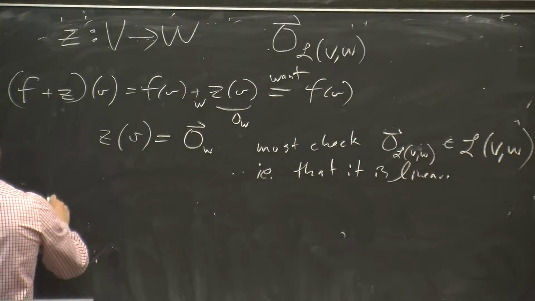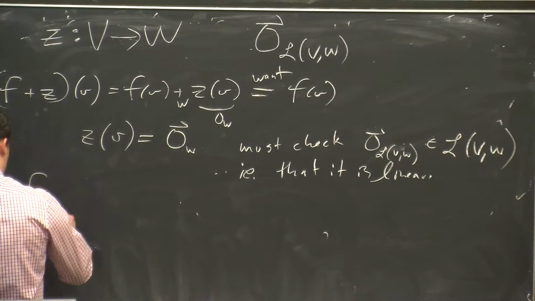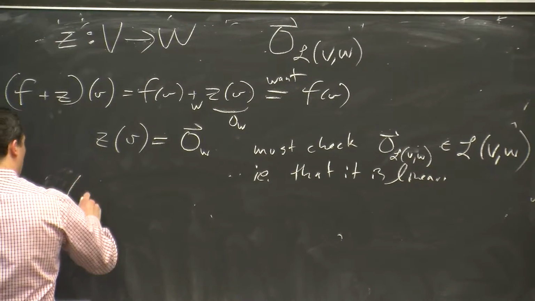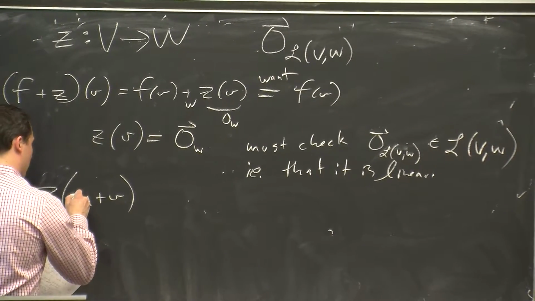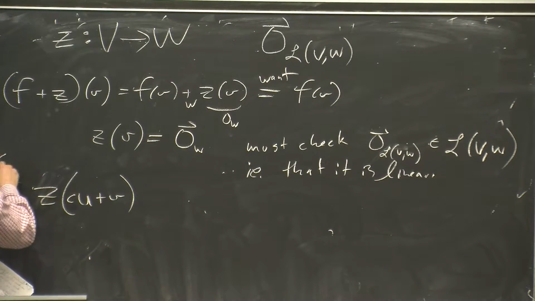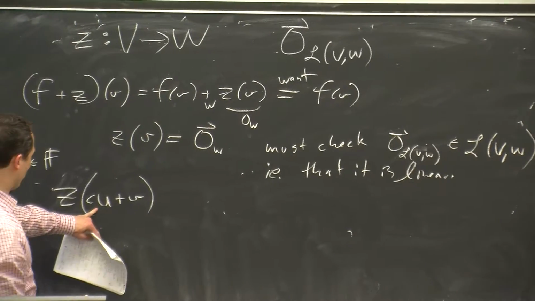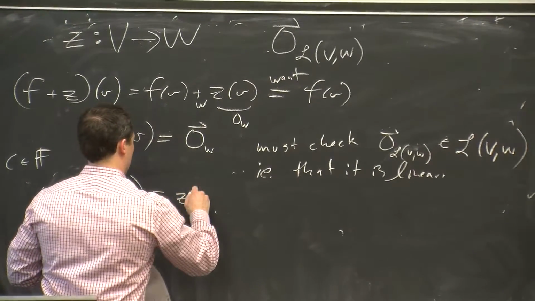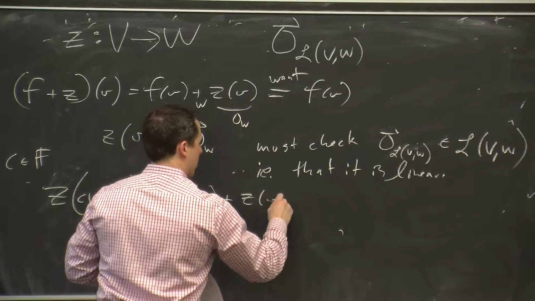So this is truly weird. We want to show that z applied to cu plus v, where c is a field element, is equal to c times z of u plus z of v.